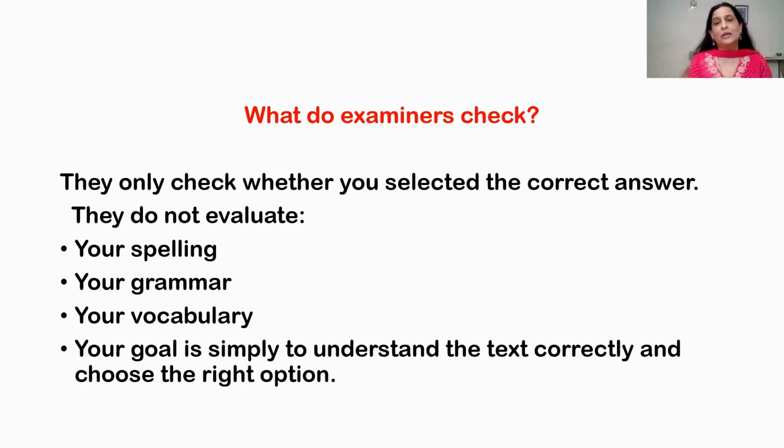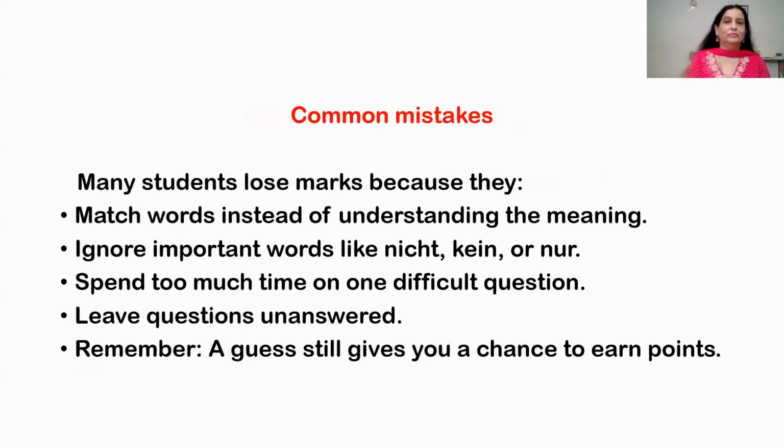Your goal is simply to understand the text correctly and choose the right option. This is the only task given to you. In my opinion, this is the easiest section, the Lesen module, so please prepare it thoroughly and you will get full marks in this section.